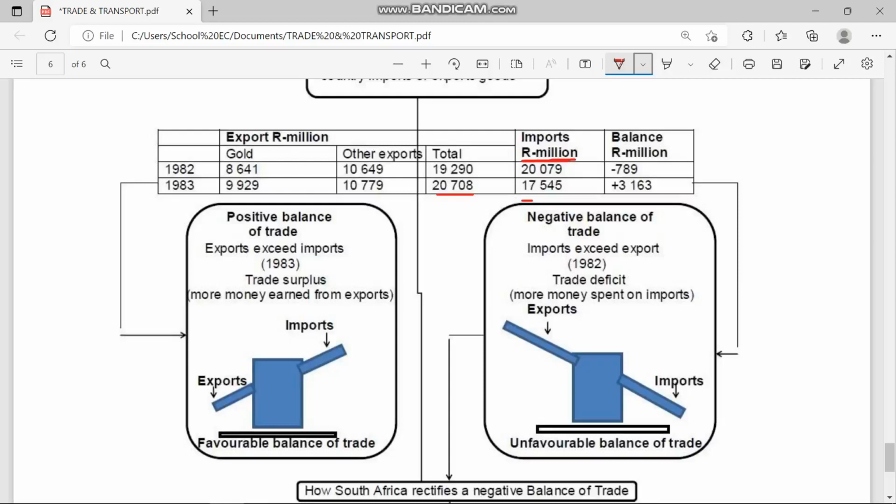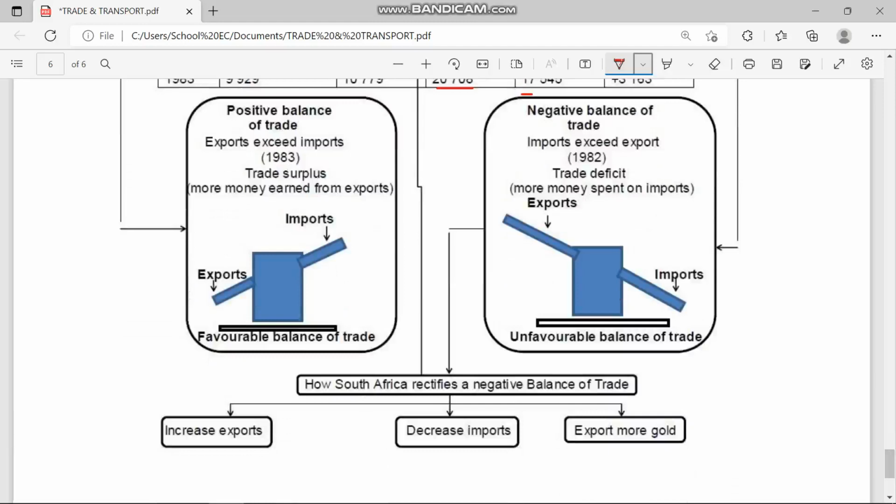We imported less value of goods. Positive balance of trade, you know what it is. So this is why exports exceed imports in 1983.